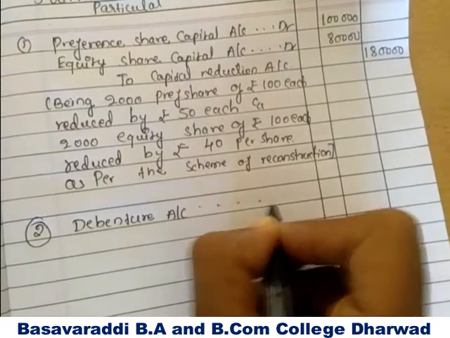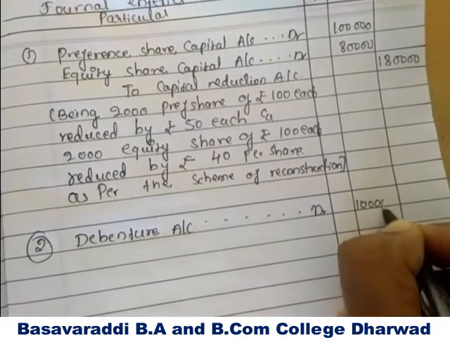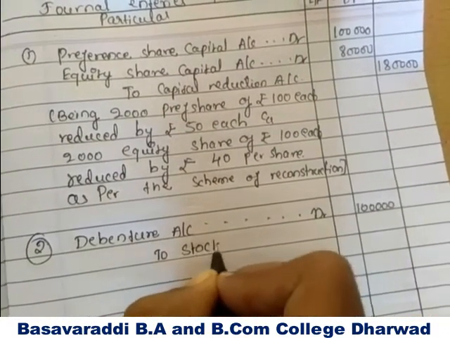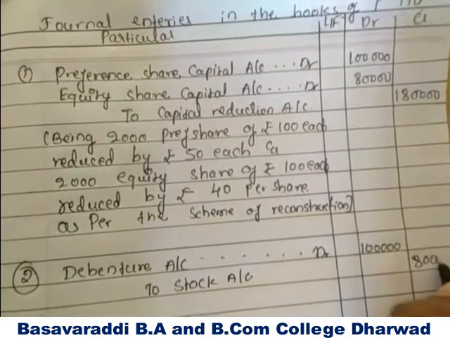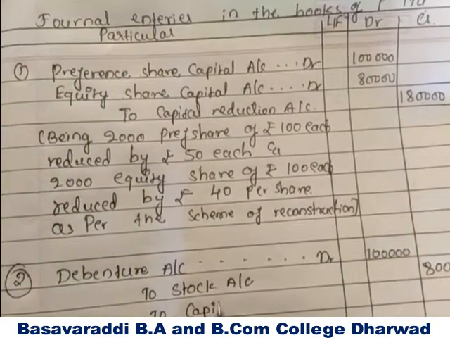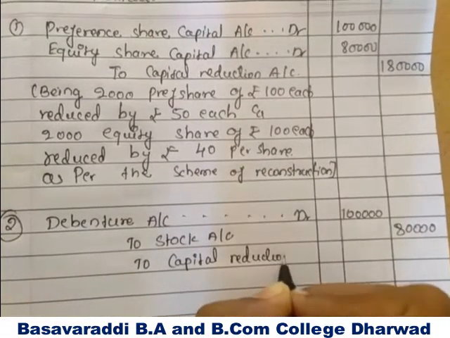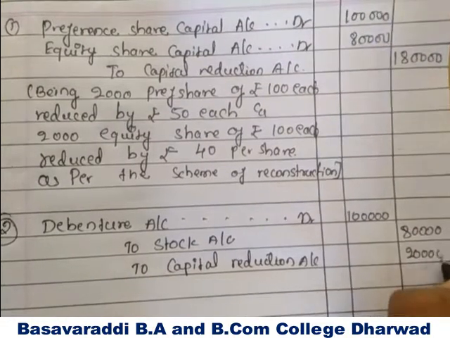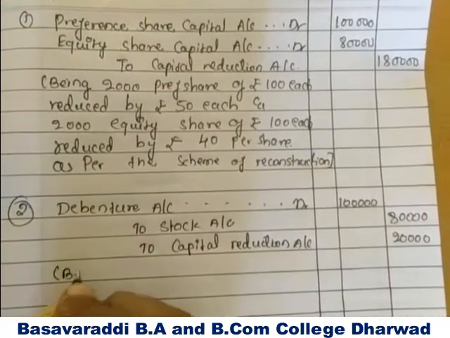Now second entry, debentures account debited amount 1 lakh, to stock account 80,000, to capital reduction account 20,000.